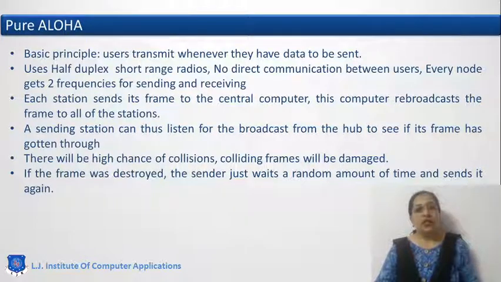Aloha is based on radio frequency communication. It uses a half duplex communication channel where each and every sender transmits their data to the main system, and from there it broadcasts or retransmits all those frames. The station listens to the channel, and if the frame is for them, they receive the data.